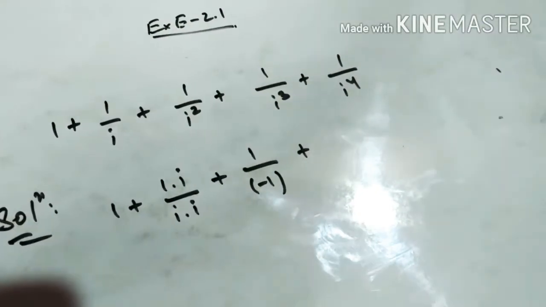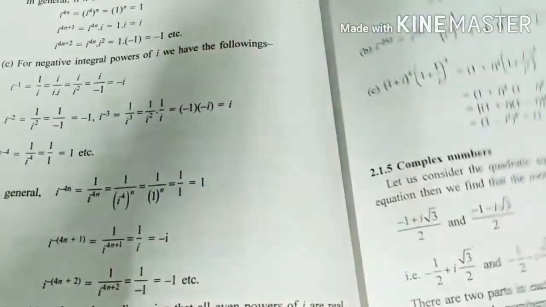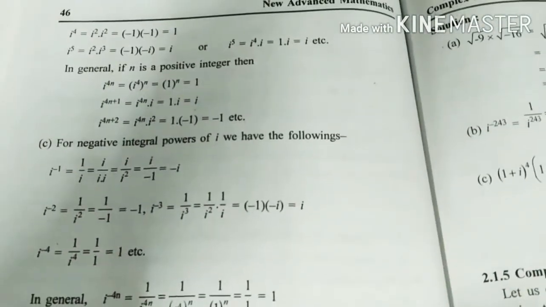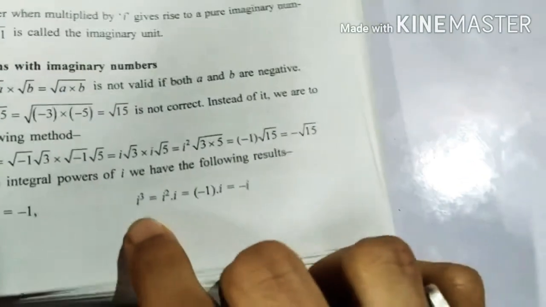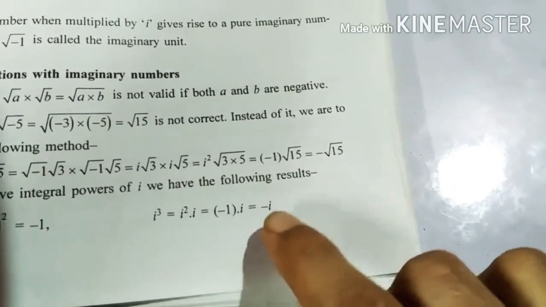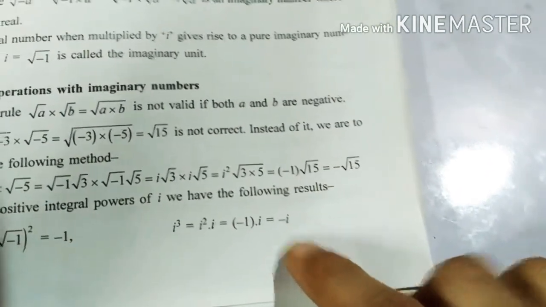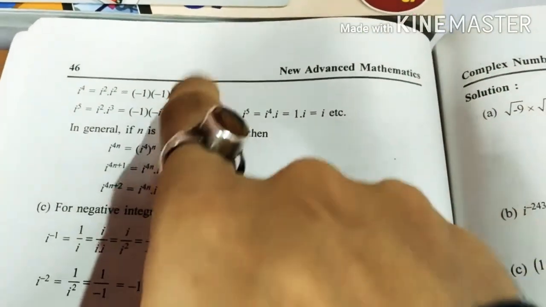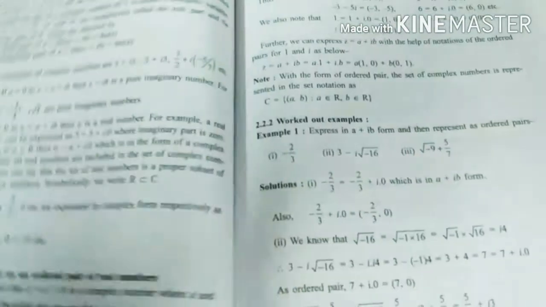You see, i^3, I can directly write its value: its value is minus i, and i^4, its value is 1.